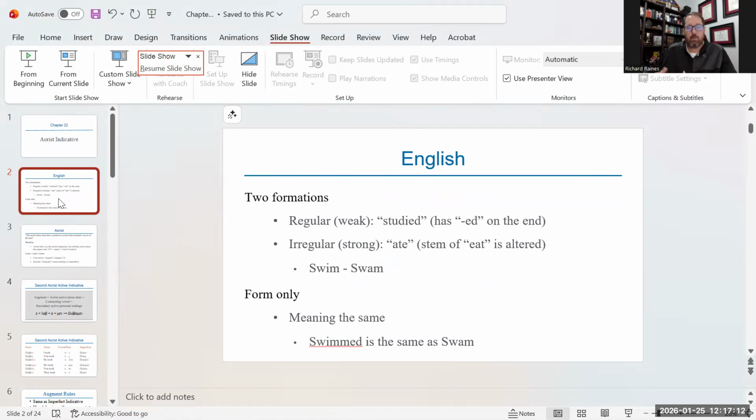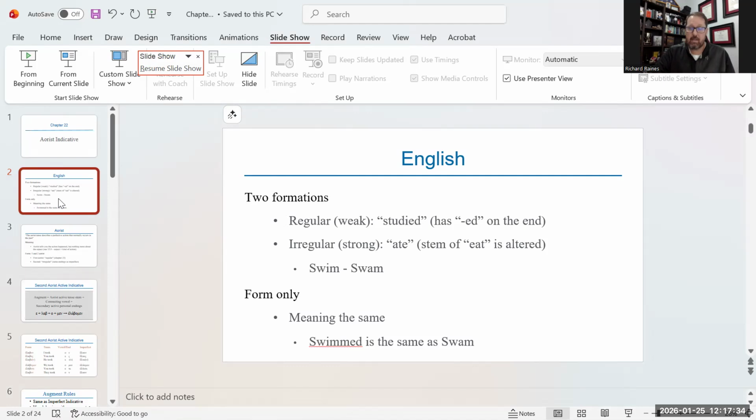And so the regular form would be to take the verb and maybe drop a letter, what would be a connecting vowel in Greek. You drop a letter, add ed, and you come up with the regular form of the past tense verb.